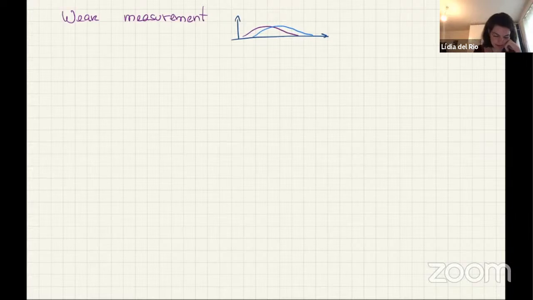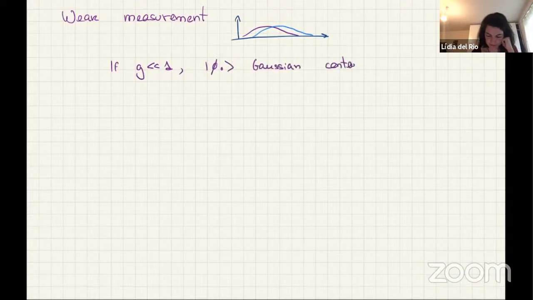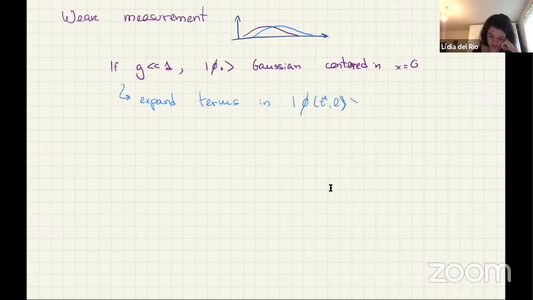Okay, so if G is very, very small, and phi 0 is, for example, a Gaussian function centered in 0, and then we can essentially expand terms in here, do some approximations, and this is something that either you did already in the tutorial or you will do in the tutorial.